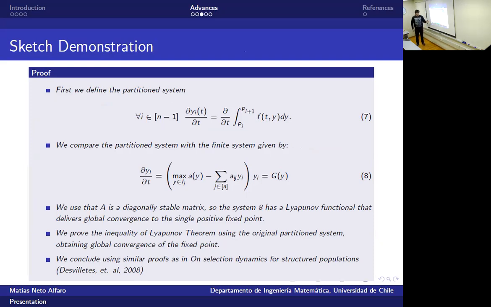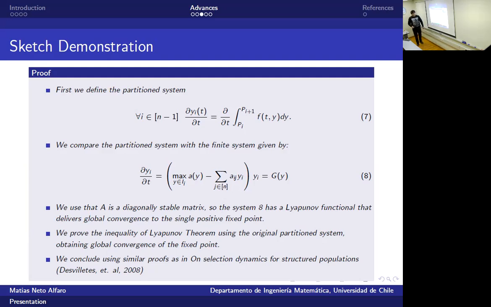So what is the challenge of using this comparison? Well, we use that the matrix A is a diagonally stable matrix. That means that the system has a Lyapunov functional that delivers global convergence to the system. And if the matrix A is diagonally stable, that means that there exists one single positive fixed point of this equation.